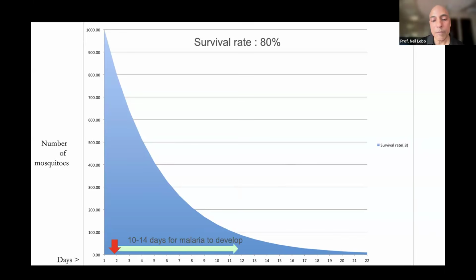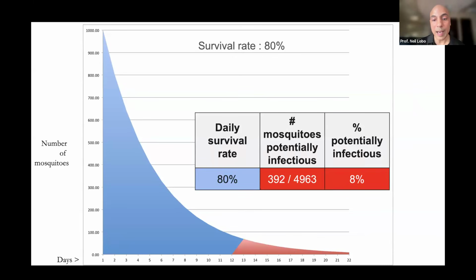So they are only infectious after that. So every single one of these mosquitoes can bite every single one of you every single day for those first 10 to 14 days, and none of you will get malaria, even though there is malaria in all those mosquitoes. And only after that, in the red, are those mosquitoes infectious.